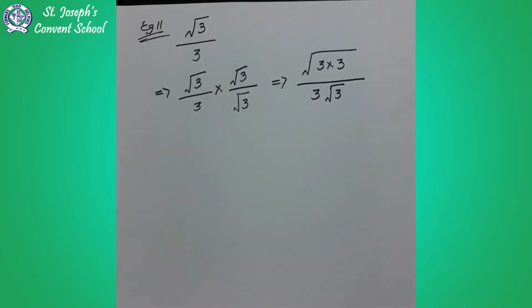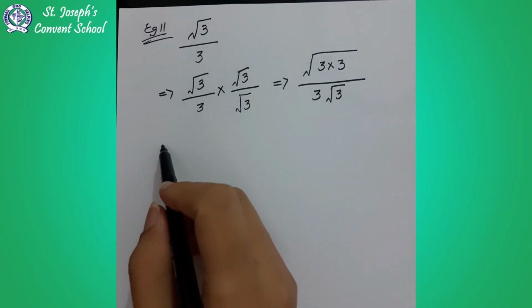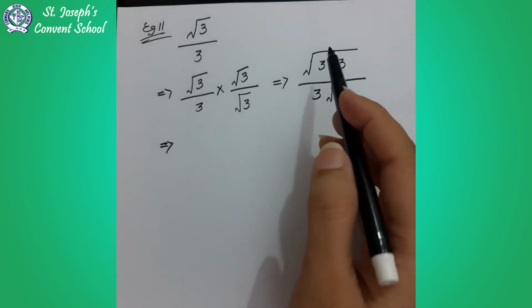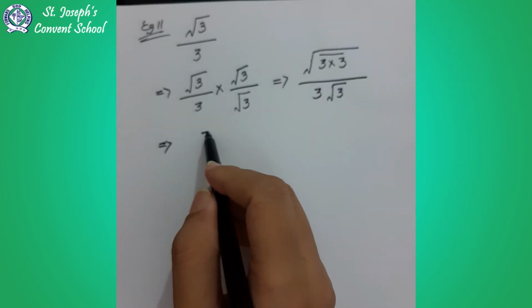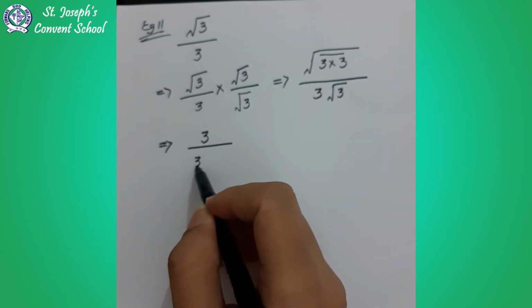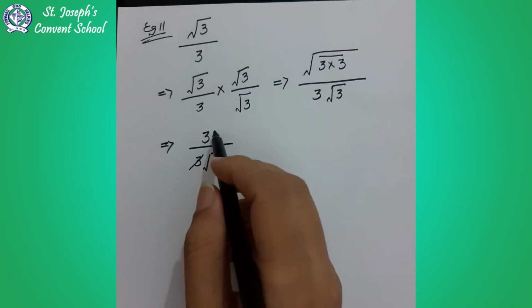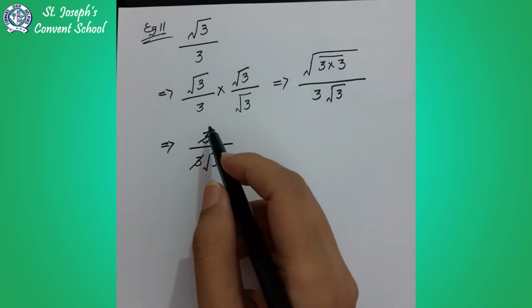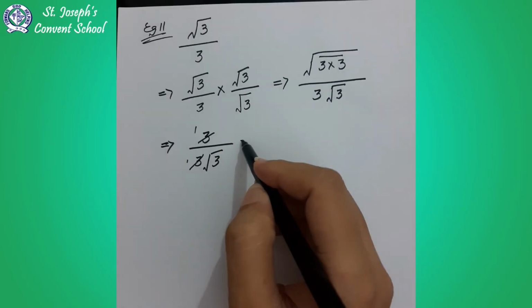Now the last step of this. This is a pair, so a pair you will write without root once, divided by the denominator as it is, 3 under root 3. The numerator and denominator will get cancelled, so 3 ones are 3 ones are. So what is left here?